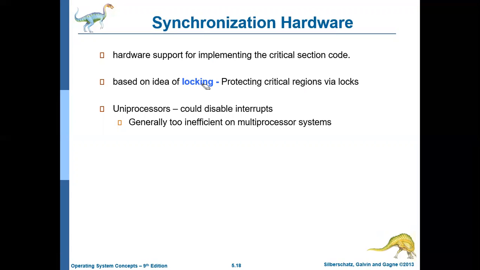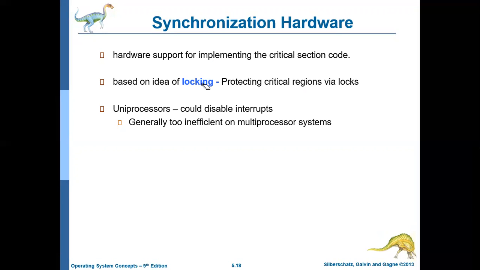In every processor there will be a clock, and the clock also updates based on interrupts. So if you stop the interrupts, then the processor clock also may stop. Hence disabling interrupts in a multiprocessor system is not an efficient solution.